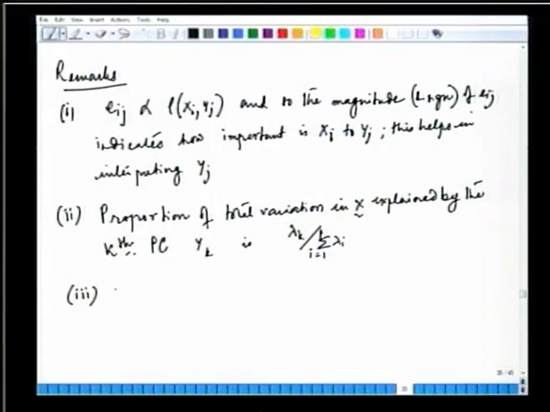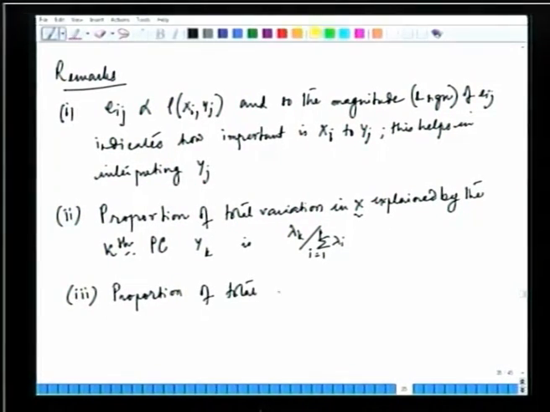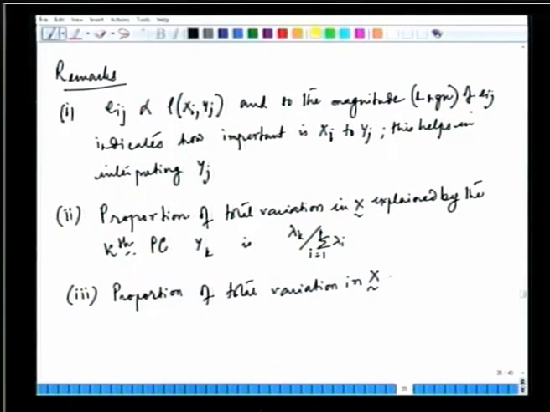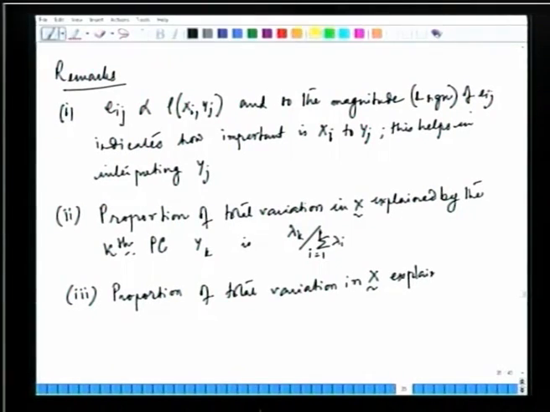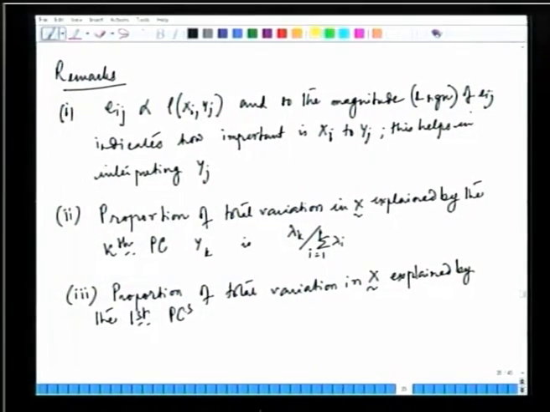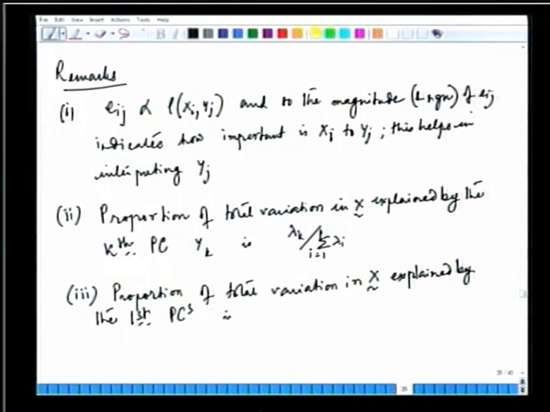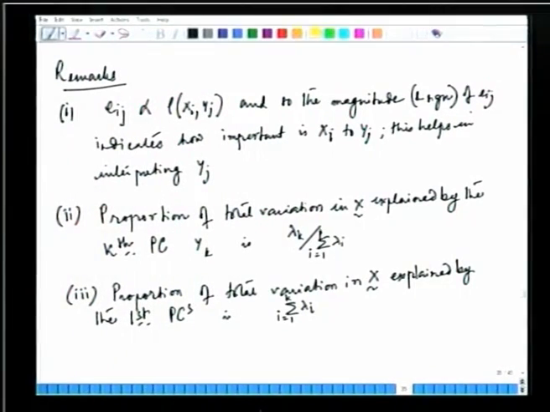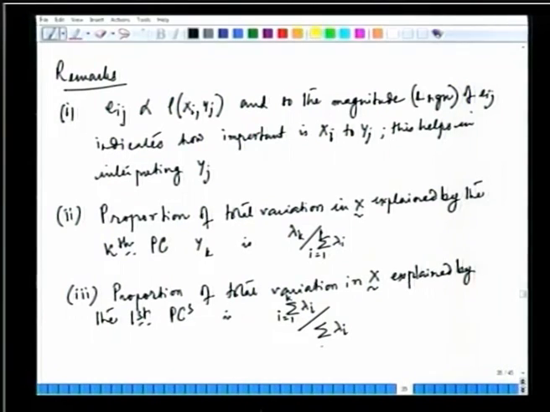So, one more parameter that is of importance to me is the proportion of total variation in x explained by the first k principal components, that is, the sum of lambda i from 1 to k, divided by the total variation, the sum of lambda i from 1 to p, all of them. Okay.